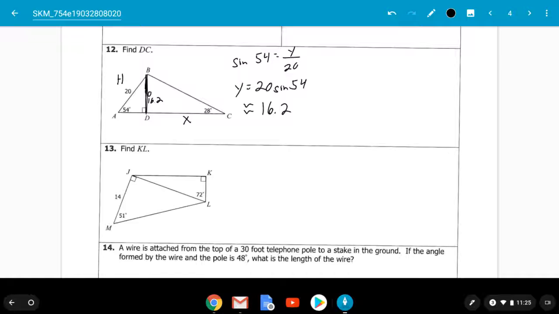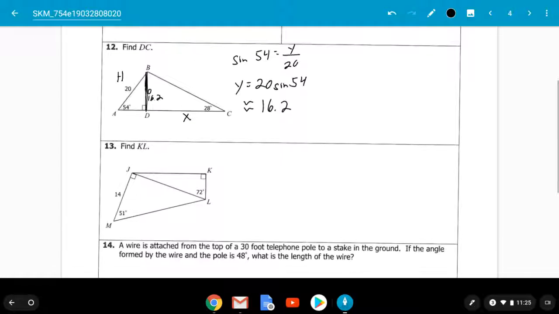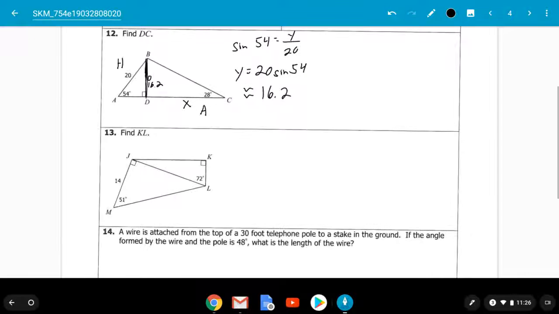Now we can use that to get x here, DC. So again, what is 16.2 in relation to 28? Happens to be it's also the opposite. But what is x here? That's the adjacent. So which trig function deals with opposite and adjacent? Tan. So tangent of 28 equals 16.2 over x. Since x is on the bottom, we divide.